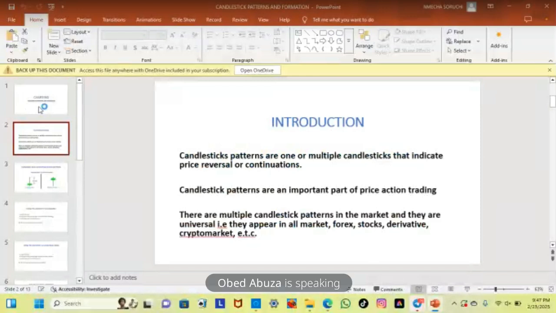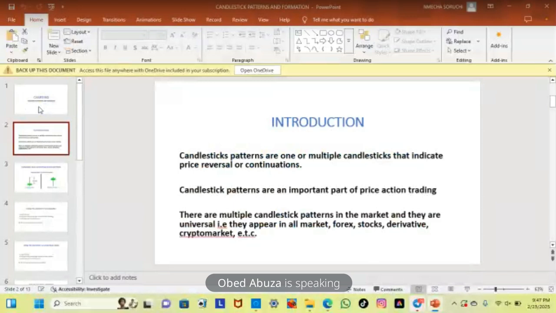So a brief introduction to what candlestick patterns and formation is. The candlestick patterns are one or multiple candles that indicate price reversal or continuation. I believe by now, from what we learned in our previous class, we all know what a candlestick is all about.